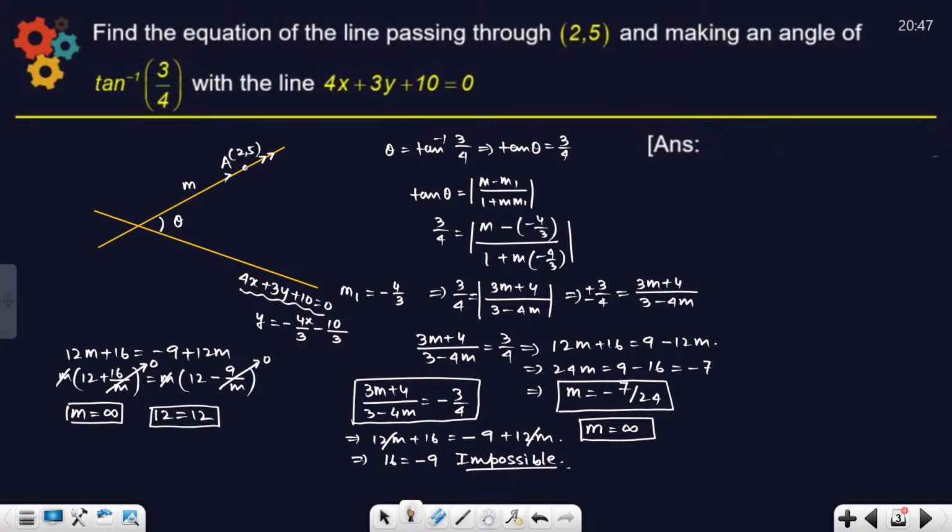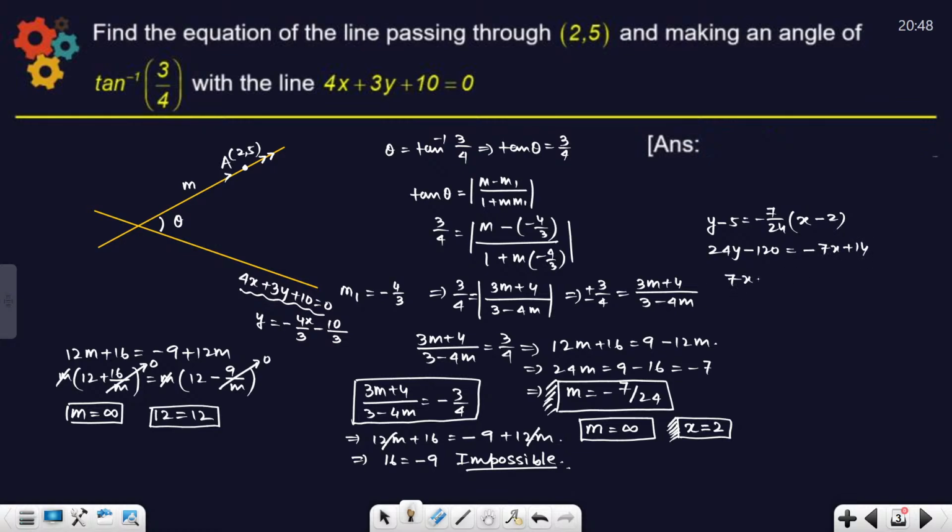The line is passing through the point (2, 5), therefore the equation of that line will be x equals 2. So one of the required equations is x equals 2. And the other equation, where m is minus 7 over 24, if I put it there, gives the second equation, y minus y1 equals m into (x minus x1). So 24y minus 120 is minus 7x plus 14.